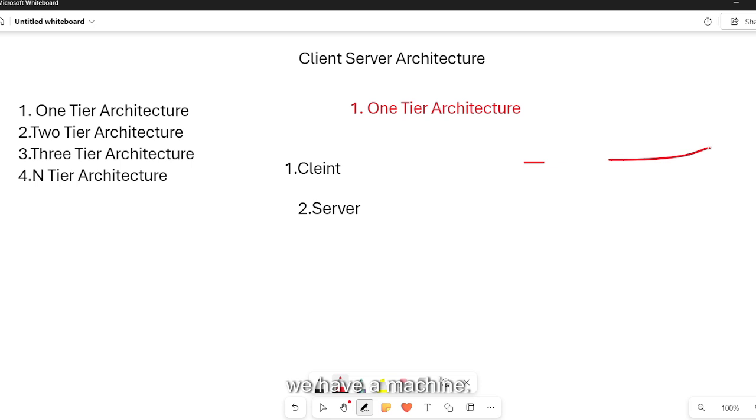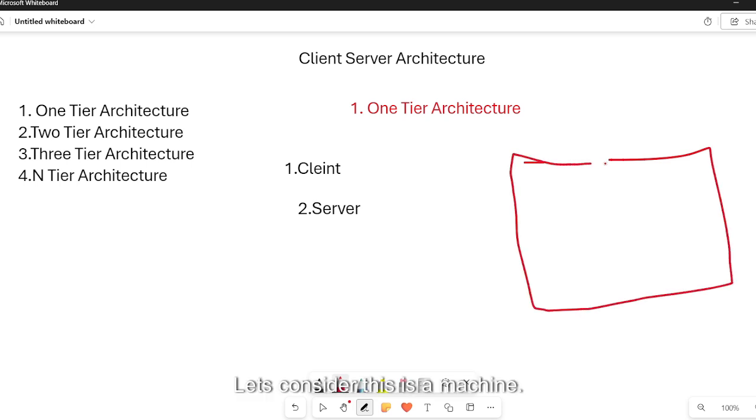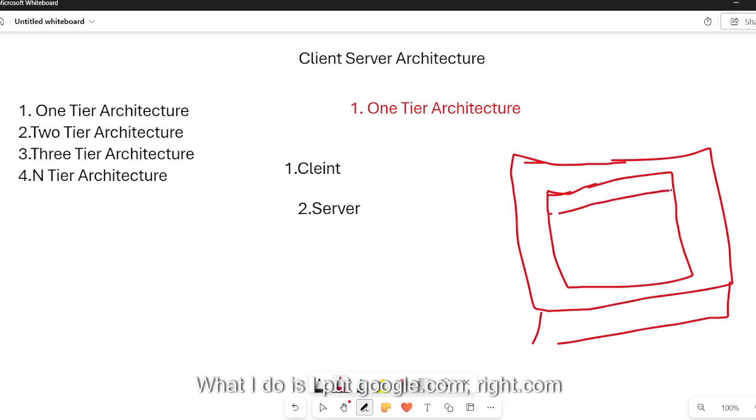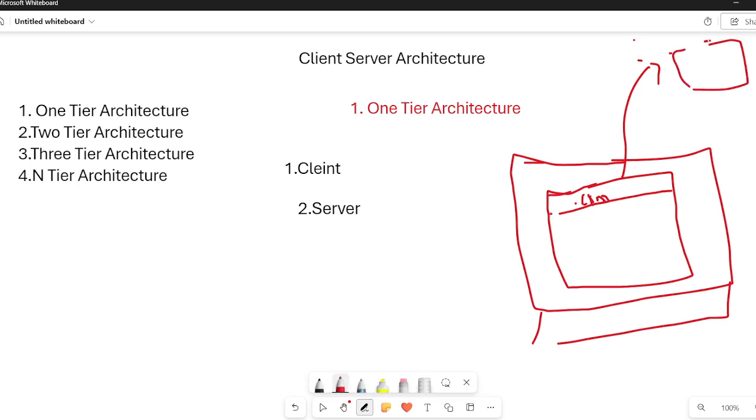We have a machine, and on this machine I have a browser. In this browser I put google.com, and I access the services over the internet. So here is sitting google.com.